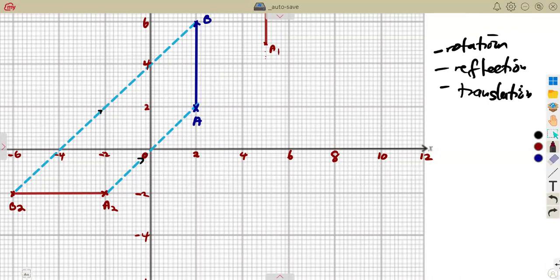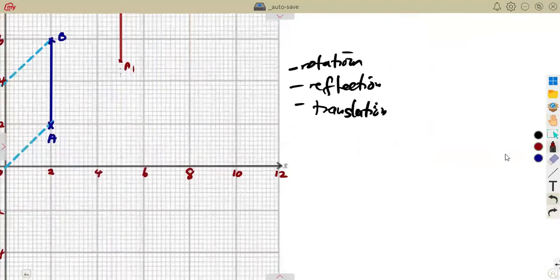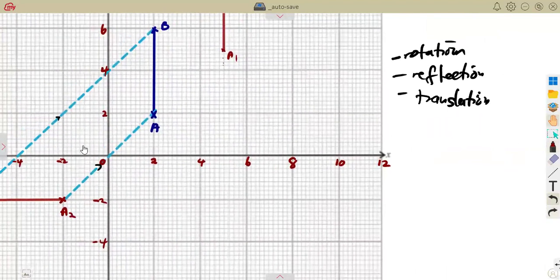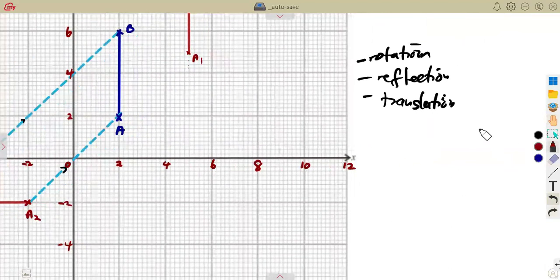Which transformation of these isometries? There is only one transformation which represents the lines being parallel and of unequal length, which is a reflection. Remember translation, they are parallel and of equal length. Under rotation, they are not parallel at all.